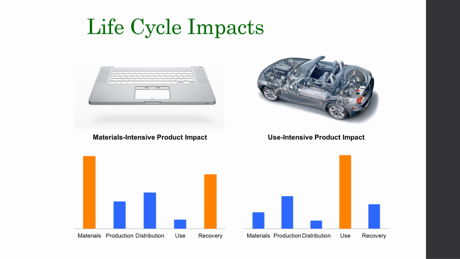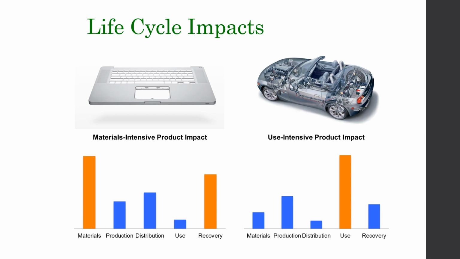Okay, so here is a couple of examples of products that we're familiar with, our computers or electronic devices and vehicles. And again, just a visual representation of the environmental impacts in the different stages of the life cycle of these products.